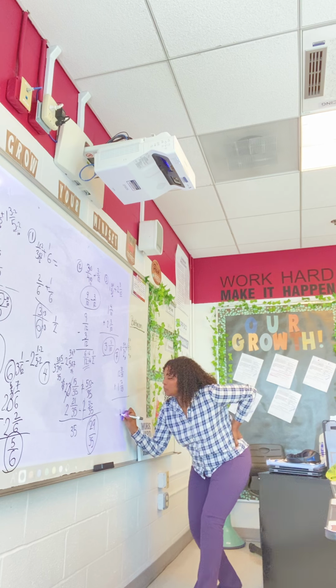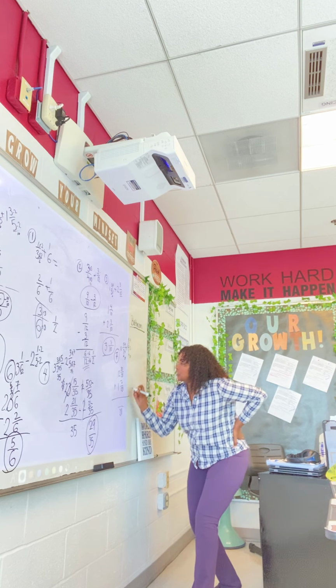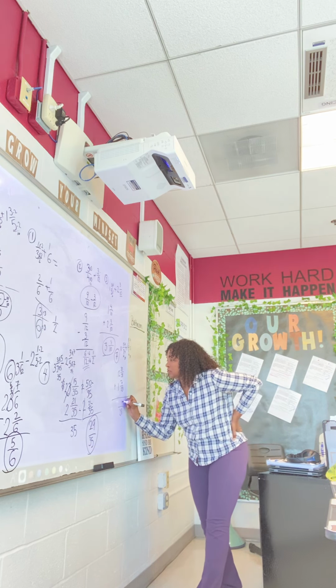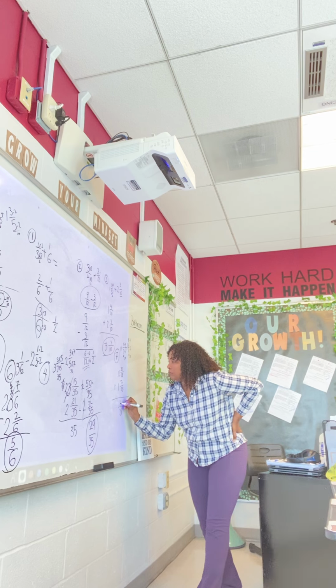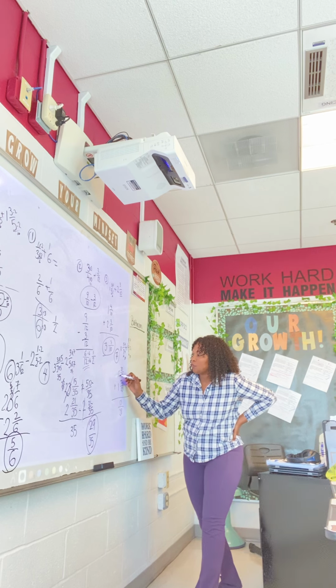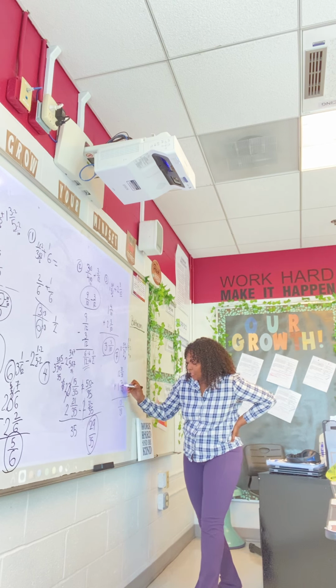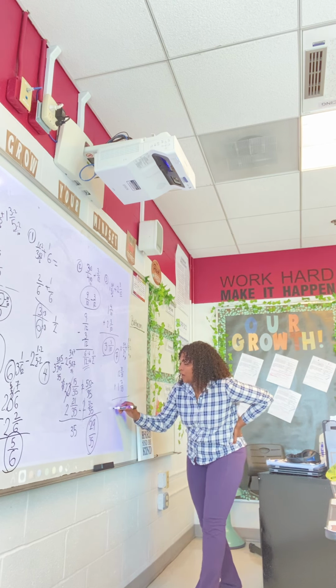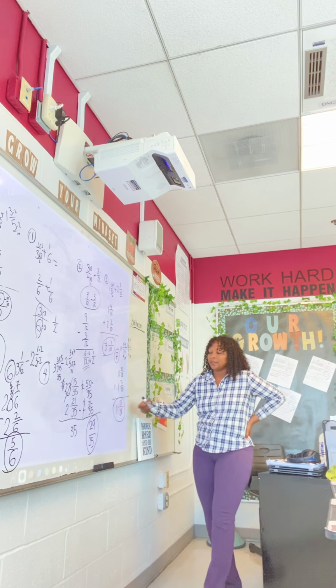So I take the common denominator 28. 20 minus 7 is what? 13, right? So 12 minus 1 is what? 11. So either you can keep your answer simply like this.